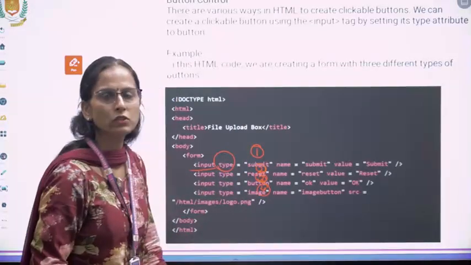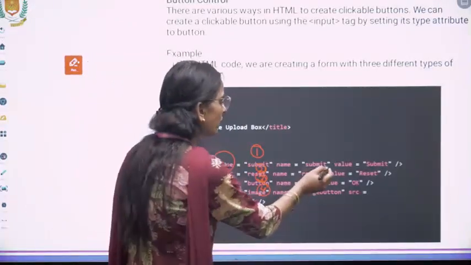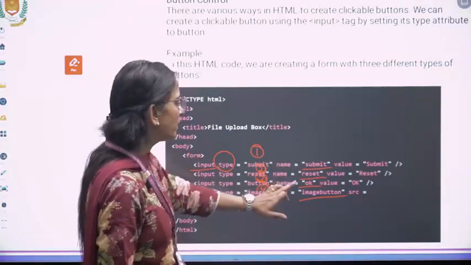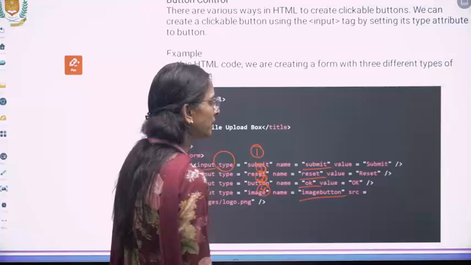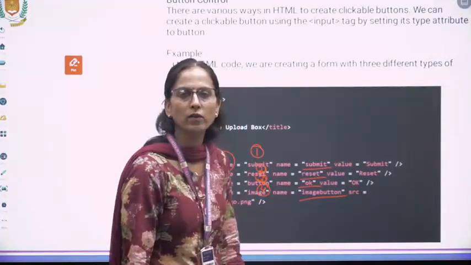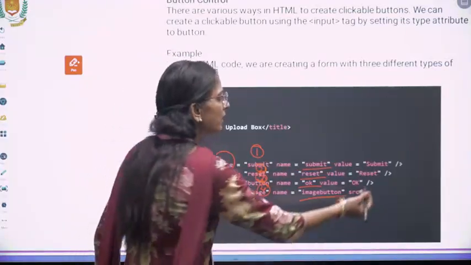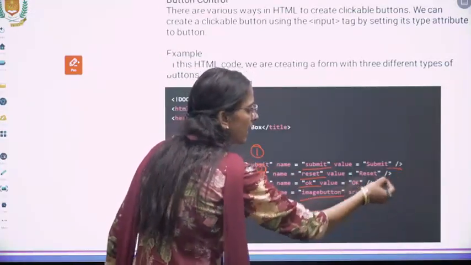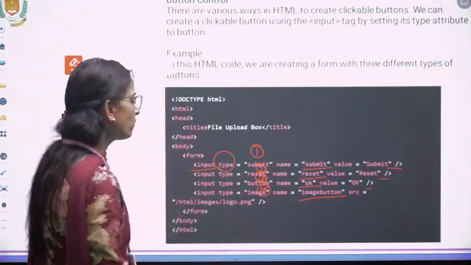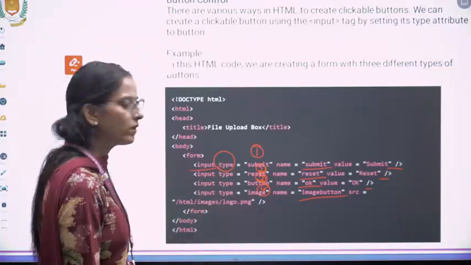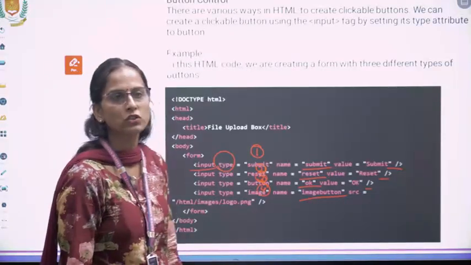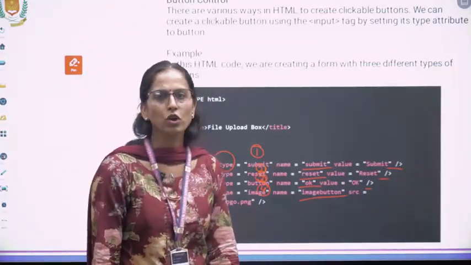So four buttons we have created, and captions are given as values: submit button, reset button, OK button and image button. These are empty elements, closed there. Then you insert the image, say what kind of image will be inserted, and then the form is closed, body is closed and HTML is closed. So this is the way.